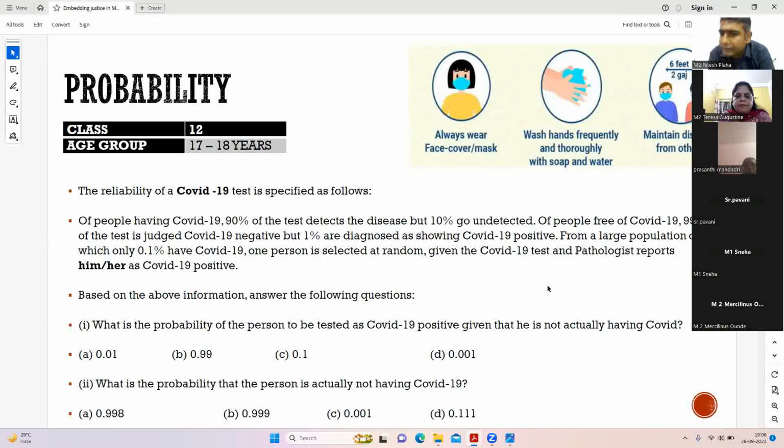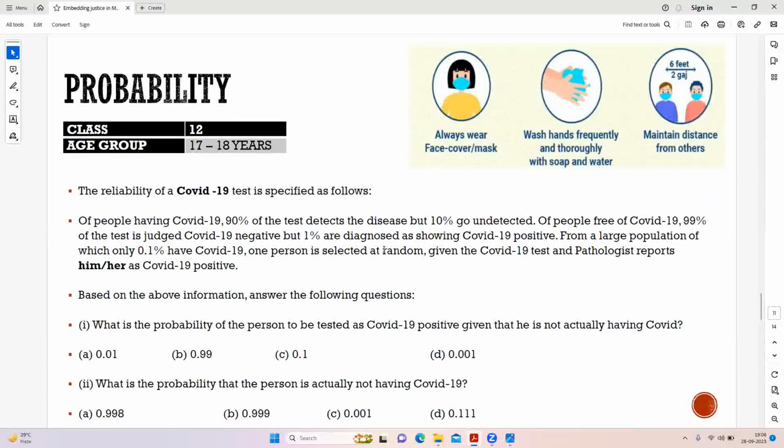Of people free of COVID, 99% of the tests show COVID negative, but 1% are diagnosed as COVID positive. From a large population of which only 0.1% have COVID-19, 1% is selected at random, given the COVID-19 test, and the pathologist reports him or her as COVID-19 positive.